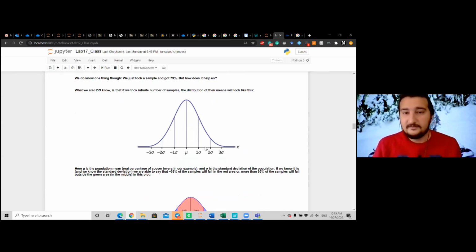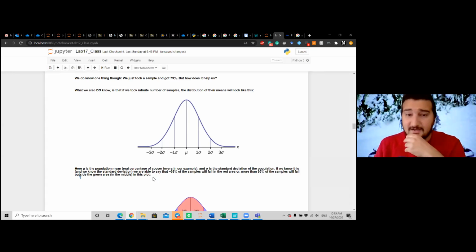And then symmetrically, by moving away from our mean by steps of standard deviation, the further I go to the right and to the left, I'm going to have fewer and fewer samples. This is exactly the formation of a normal distribution.